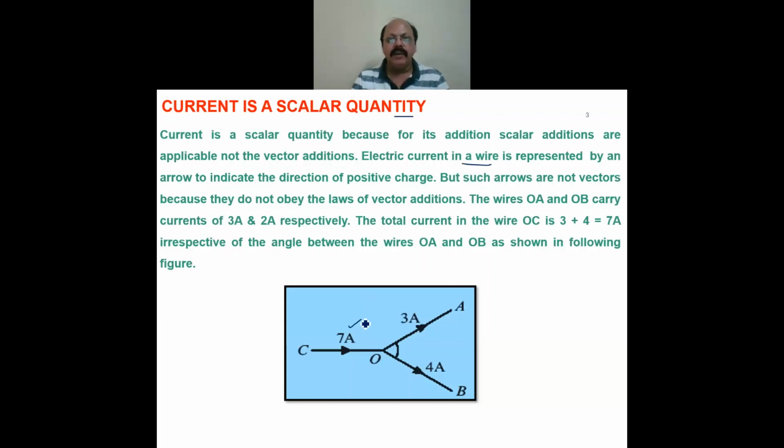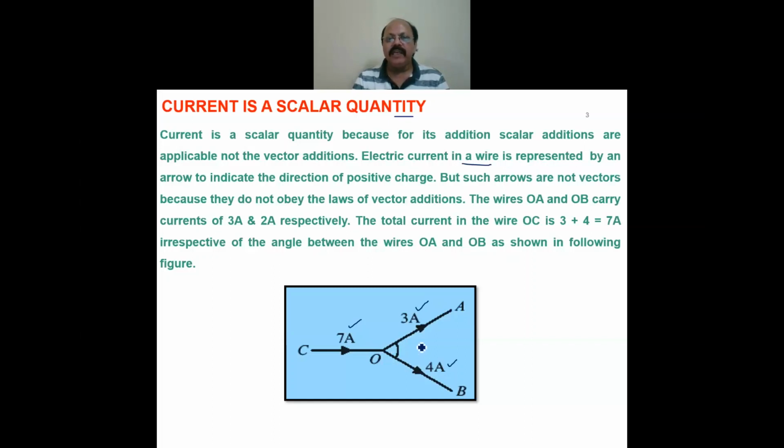are not applicable. For example, we can say that there is a wire OA in which the current is 3 ampere, and in the wire OB the current is 4 ampere, and these two wires are at some angle. So the total current is 3 plus 4 equal to 7 ampere, irrespective of the angle between the wires OA and OB, as you can see in the diagram.